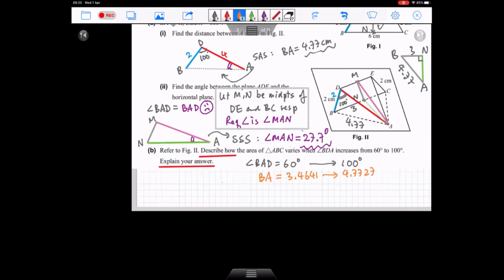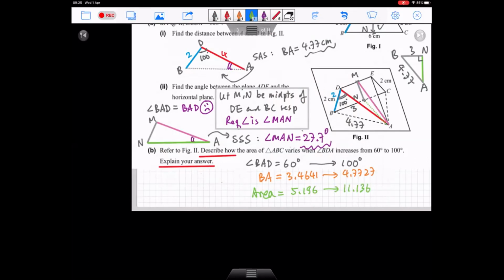With the line like this, what is the corresponding change in the area? The area changes from 5.196 all the way to 11.136. That is the description.